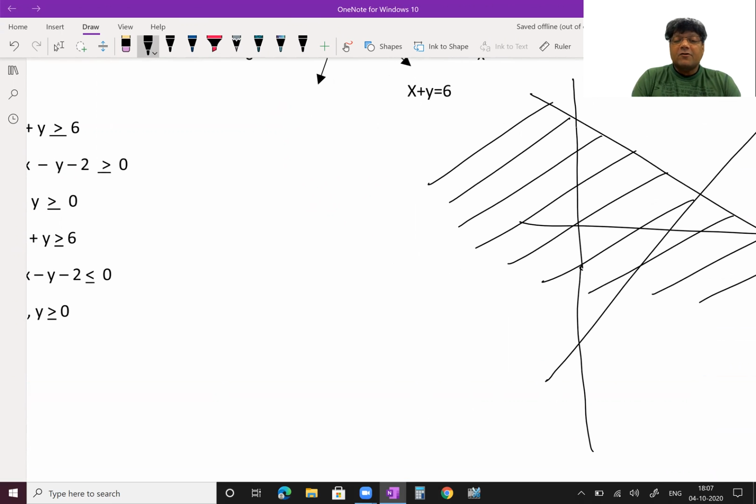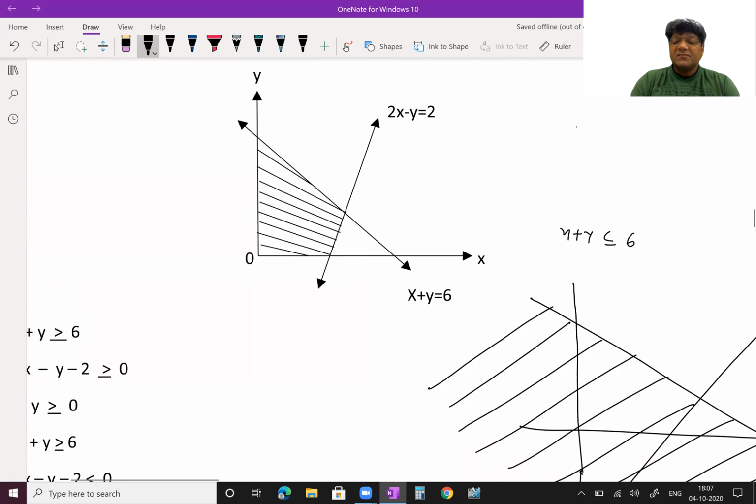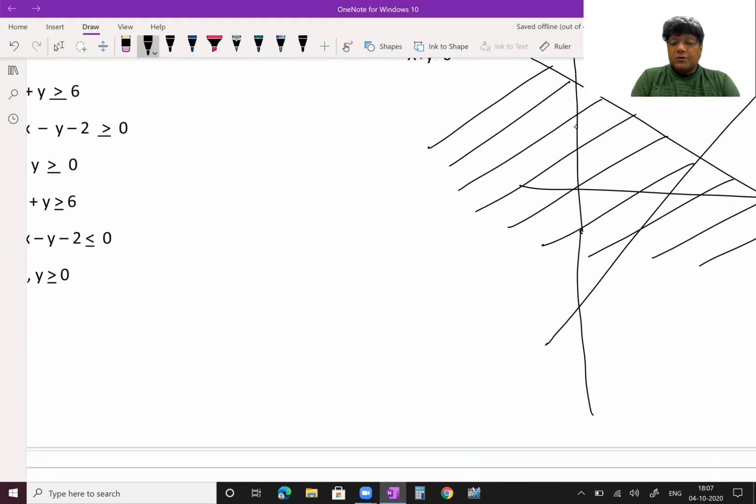2x minus y is equal to 2 means x axis 1 unit, y axis minus 2 units. Correct. So 2x minus y, we are understanding that less than is the answer. But check, if I write here less than 2, and if I want to check whether 0, 0 is satisfying or not, then 2 into 0 minus 0 less than 2. 0 is less than 2.